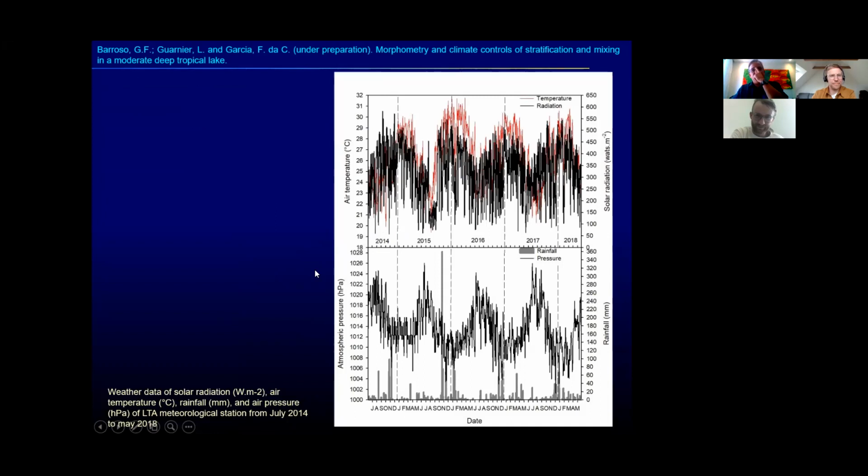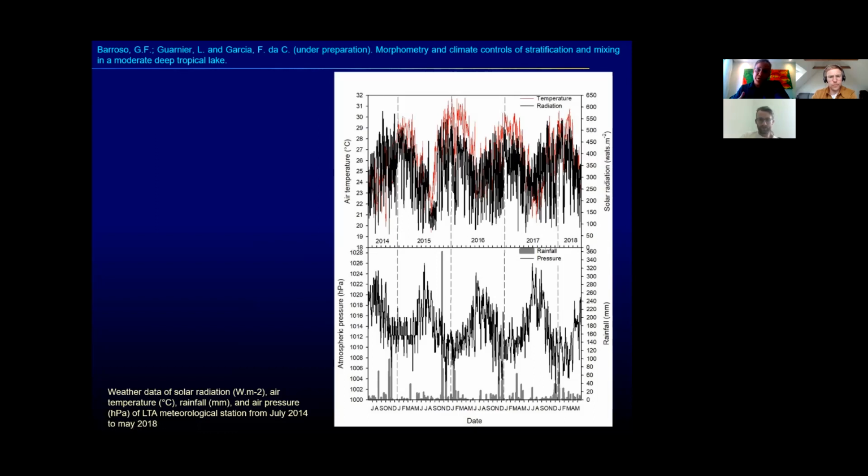For the temperature and climate data from the meteorological station, we had a little bit of an increase in temperature in 2016, which was a little bit warmer compared to the other years. In terms of rainfall, it was very intensive in 2015, but at the end, 2015 was a very dry year.